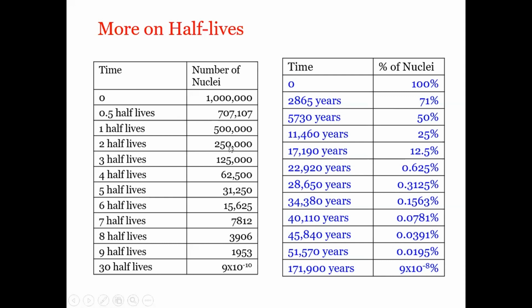Then the second half-life decreases it further to 250,000. And then the third half-life decreases it to 125,000 and so on. We can see that after about 10 half-lives, it is about 2,000 as compared to 1,000,000. So it becomes insignificant after 10 half-lives.